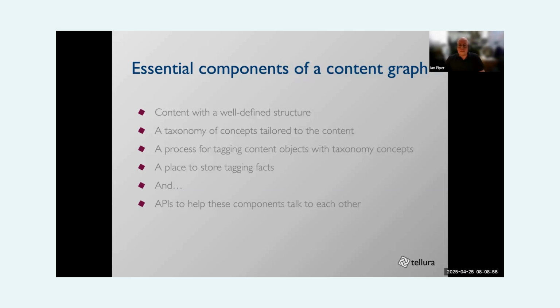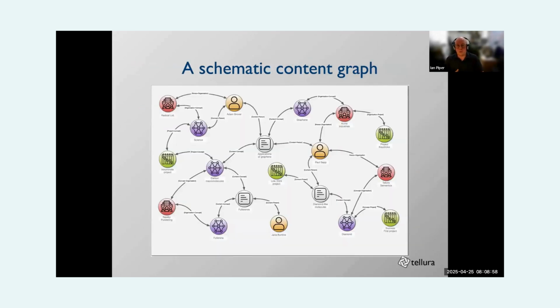So anyway, here's a schematic of what I'm talking about when I talk about a content graph. It's a collection of information objects, each of which has its own structure, and each of which can be linked to other information objects in a network. So this might include text objects, which have an internal structure in a content management system. Might include things like authors.